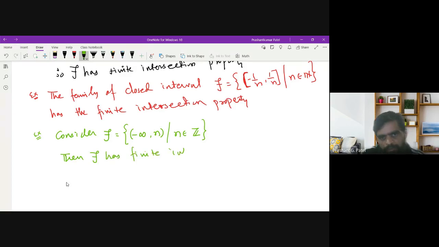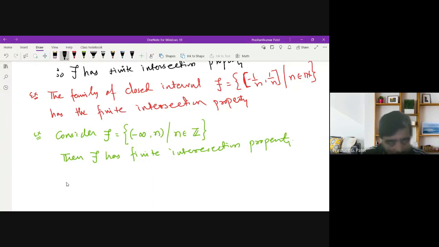That also you can prove in a similar manner. So all these sets have the finite intersection property.